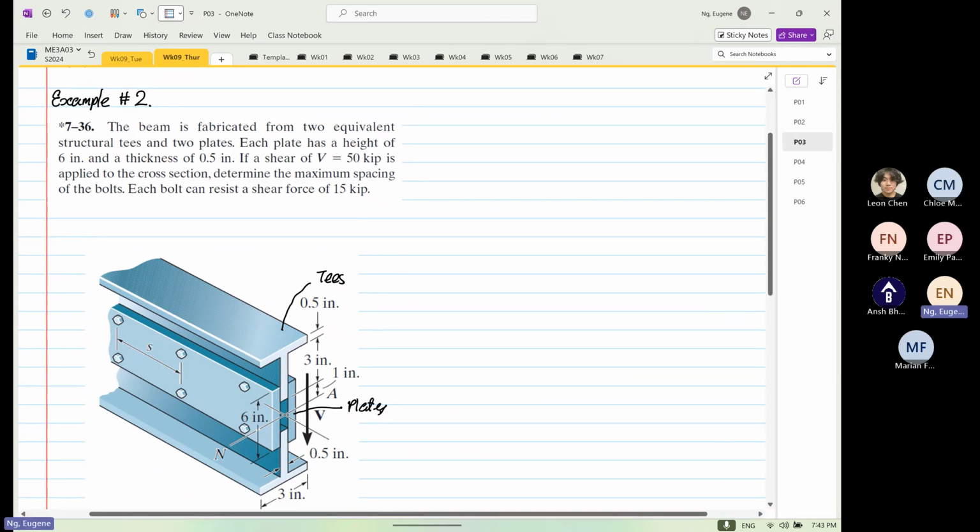So we are given that V is equal to 50 times 10 to the power 3 pounds.